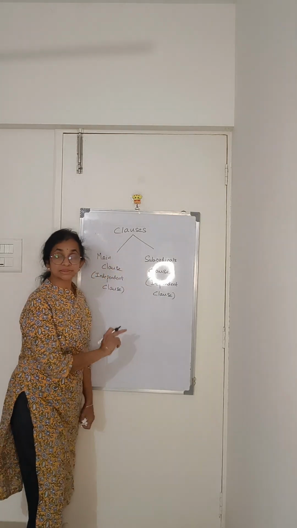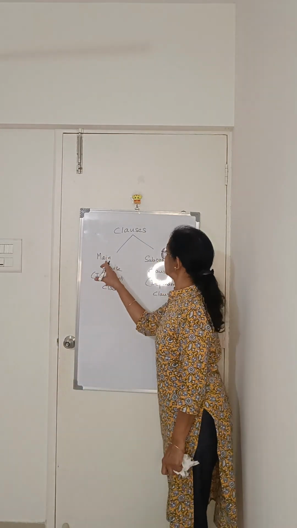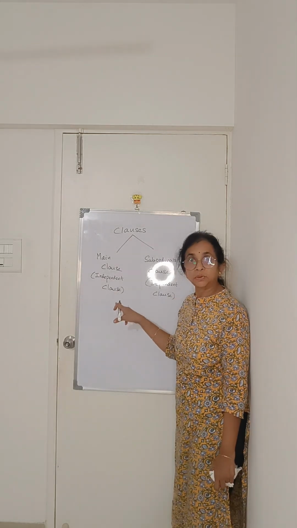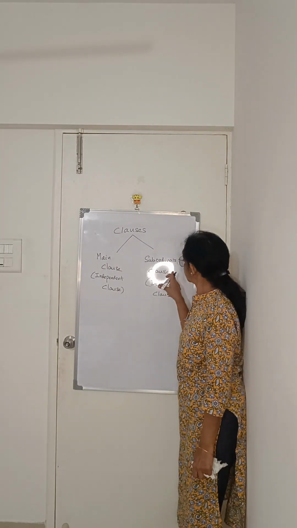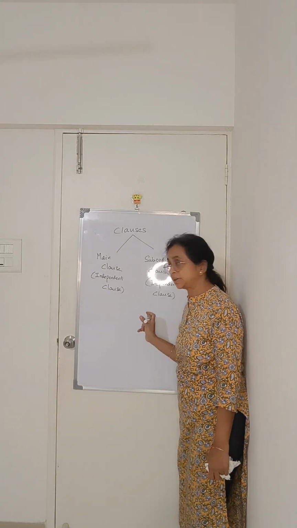Clauses are two types: main clause, also called independent clause, and subordinate clause, also called dependent clause.